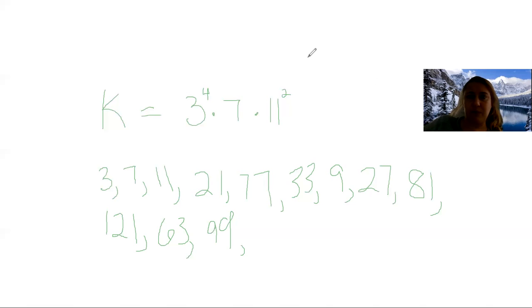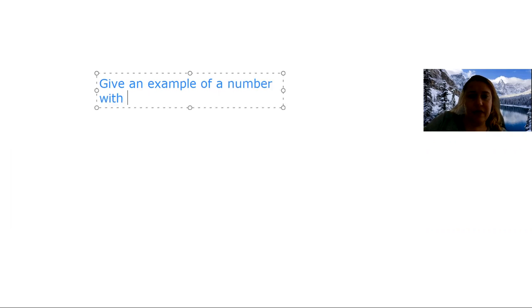Okay, just one more thing that we do before we end. I had said that primes are the building blocks of all numbers. If I wanted to give an example of a number with 3 prime divisors, I can build my number up from the primes.